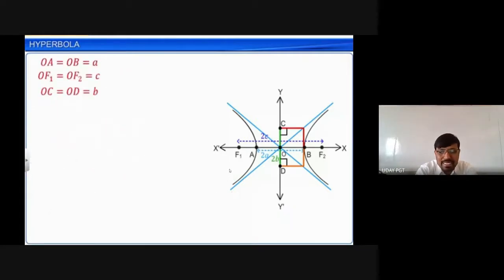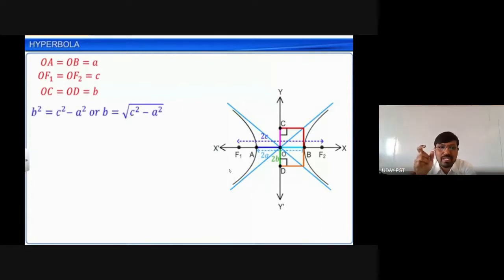So a, b, c are the three quantities. In case of the ellipse, a is more, because the foci will be in the middle. Compare these two things; I'll explain after completing this. The relationship between a, b, c in case of ellipse is a squared equals b squared plus c squared.